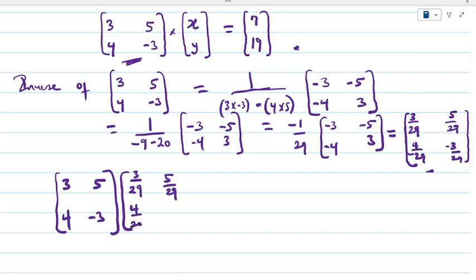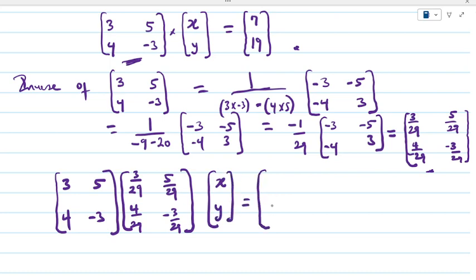So we have 3 over 29, 5 over 29, 4 over 29, minus 3 over 29, times 7 and then 19.